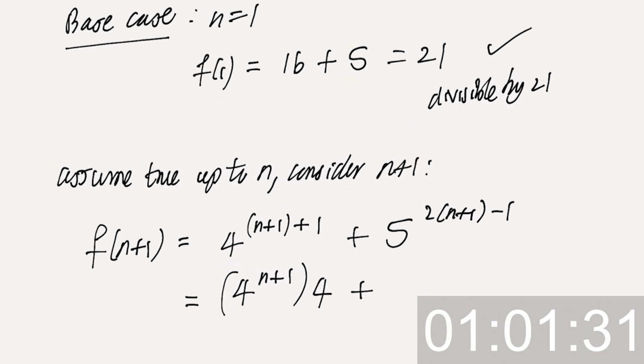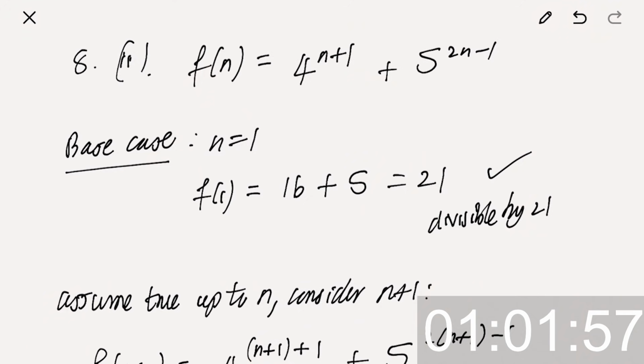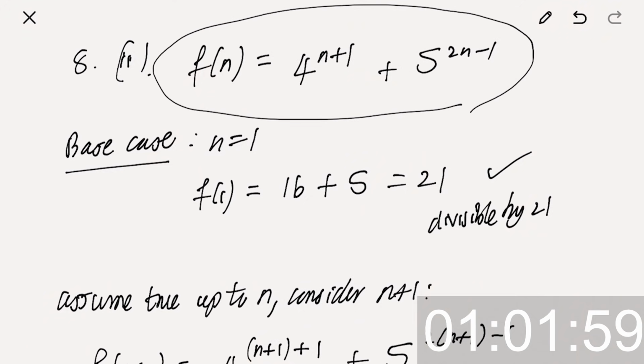And then so that I can say is plus 5 to the 2n minus 1, and then I've got 5 squared left, so times 25. Okay, and I've got to show that this is divisible by 21. So let's say 4 to the n plus 1, that's from up here, is f of n minus, there we go.